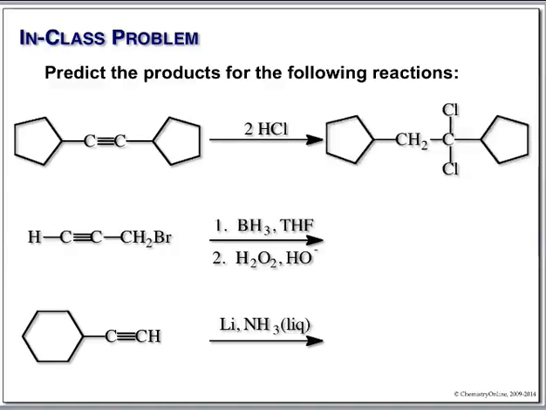Our next one, we look and we say, okay, hydroboration oxidation. I know that makes anti-Markovnikov alcohols, don't I? My anti-Markovnikov carbon is going to be this guy with the hydrogen on it. Now, because we're dealing with an alkyne, I know that this is going to give me an enol with the oxygen attached here.